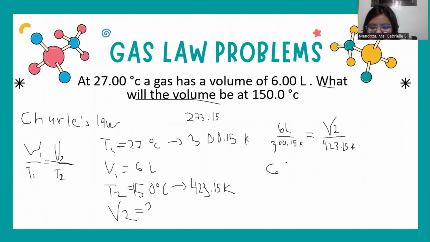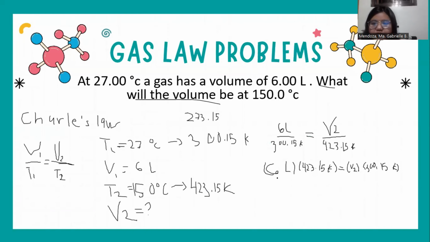So, 6 liters times 423.15 K equals V2 times 300.15 K.